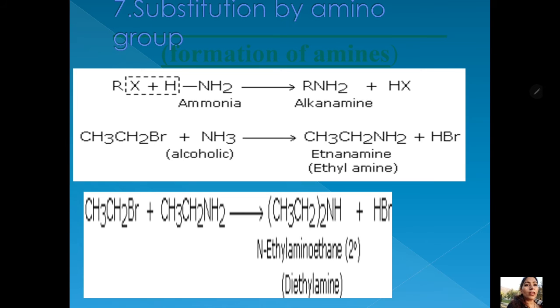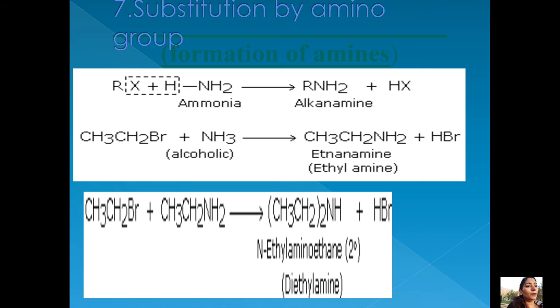Seventh is a substitution for amino group. Amino means NH2 group. Alkyl halide reacting with ammonia, NH3, gives the alkyl amine by releasing the hydrogen halide acid. Ethyl bromide reacting with alcoholic ammonia gives the ethyl amine. Ethyl bromide reacting with ethyl amine gives the diethyl amine.